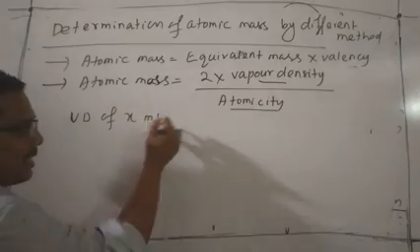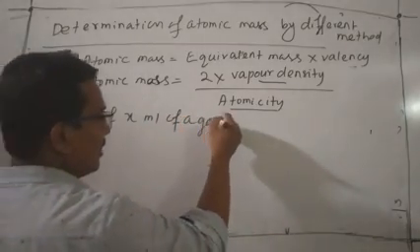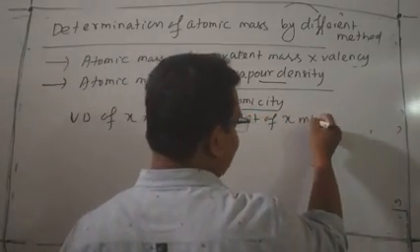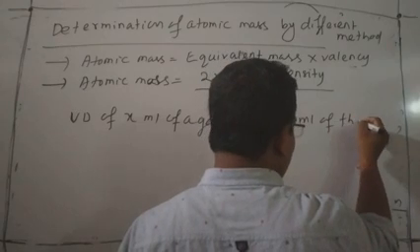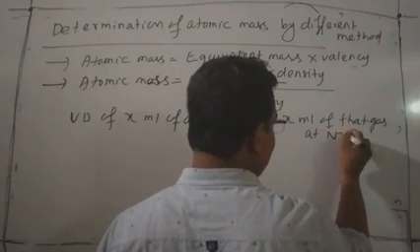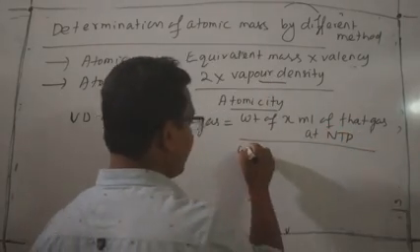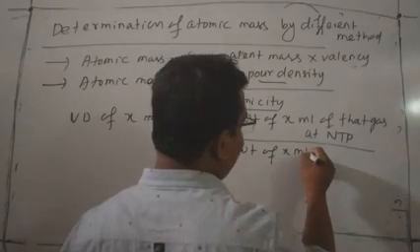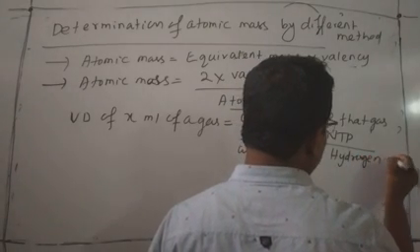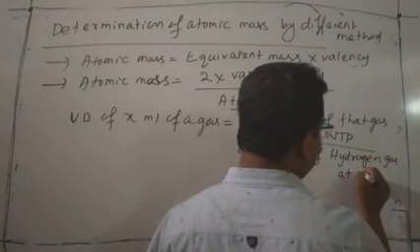The vapor density of x ml of a gas is equal to the weight of x ml of that gas at NTP divided by the weight of x ml of hydrogen gas at NTP.